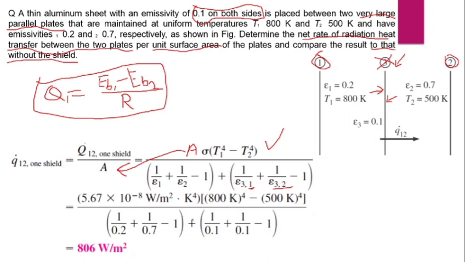So after putting the values, we can find out Q12. What is Q12? Q12 is heat transfer between 1 and 2 when we are using radiation shield, right? If we don't use radiation shield, in that case we have to apply this formula.